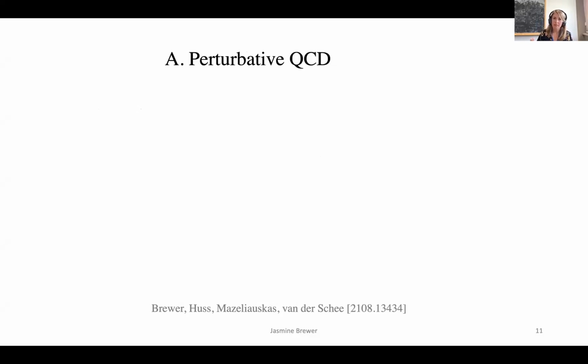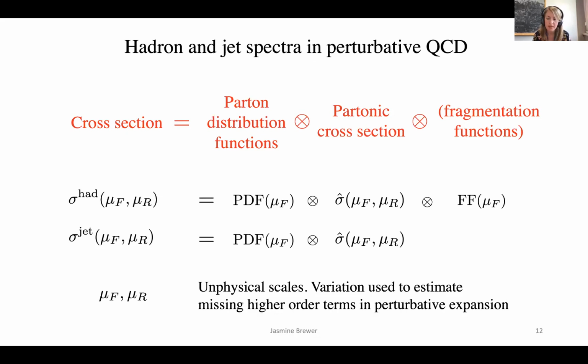For starters, I'm going to discuss what you can do with perturbative QCD calculations, both for hadron and jet spectra in proton-proton collisions. In a perturbative QCD picture, you can compute hadron and jet spectra directly.